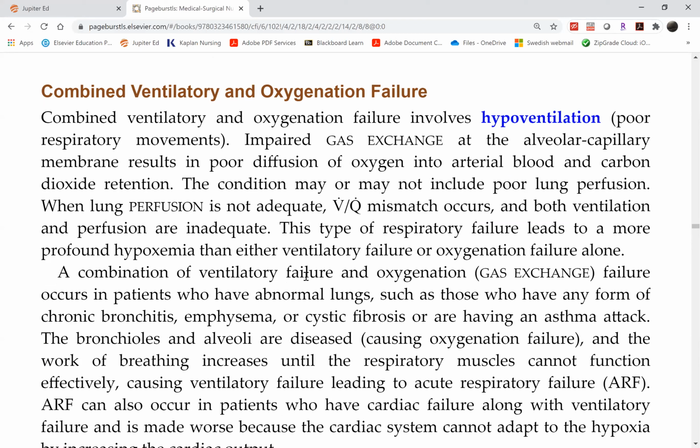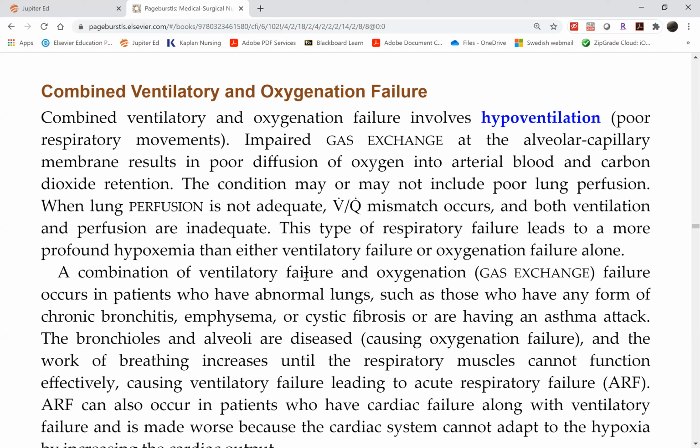So the airway is the problem in chronic bronchitis, and then you have an alveolar problem in emphysema because now there is hyperinflation of the lungs, of the alveoli. So there was damage to the alveolar capillary membrane due to changes in the COPD.